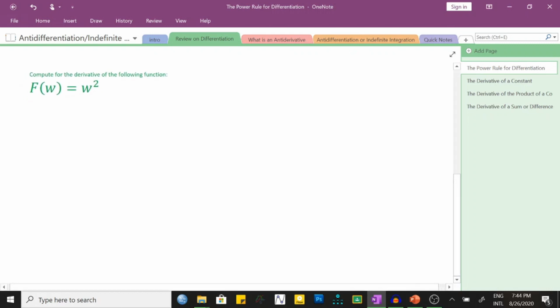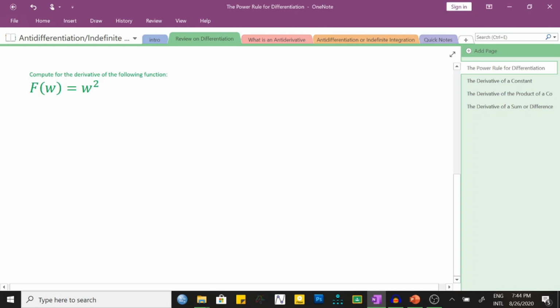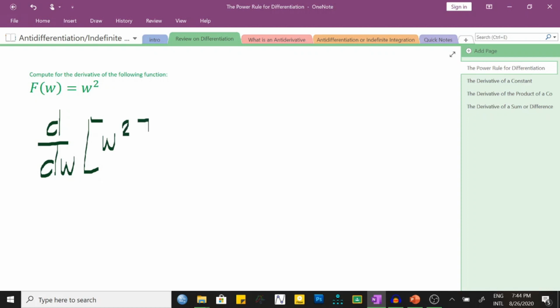Computing now for the derivative, we proceed just the same like we did a while back. So this time, our independent variable is w, so the derivative with respect to w of w squared.